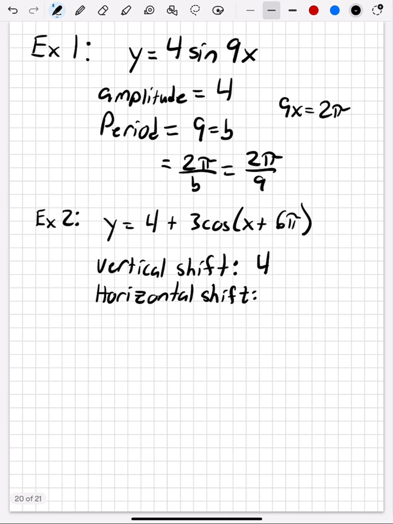Well, here I have a plus. If I see this plus, that means it has a shift to the left. So it is a horizontal shift of 6 pi to the left. If it's positive, then we shift to the left. If it were negative, we would shift to the right.